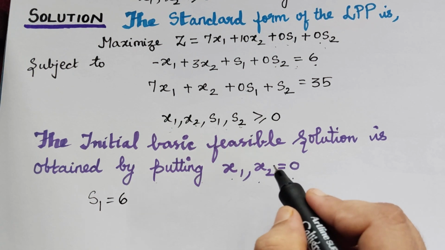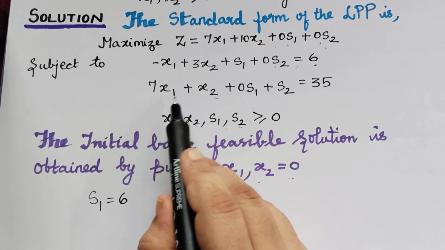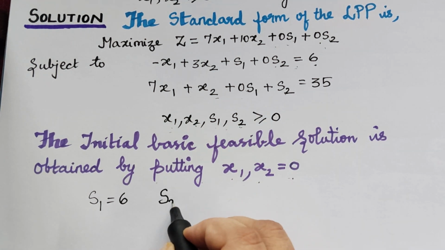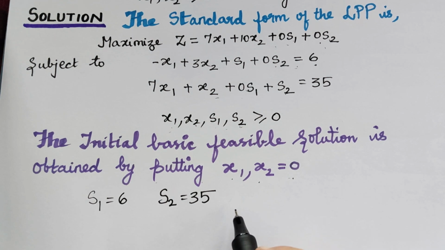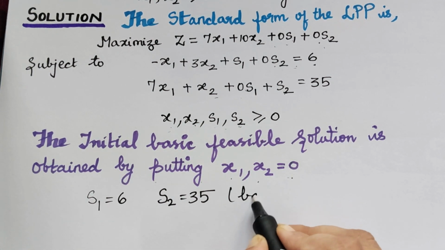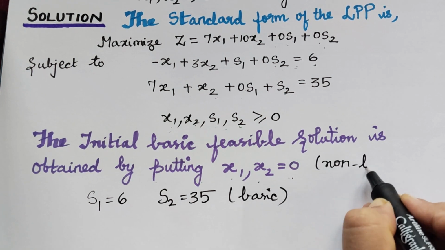And if we put x1 and x2 as 0 in the second constraint, we get s2 equal to 35. So these are the initial basic feasible solution, where s1 and s2 are basic variables and x1 and x2 are non-basic variables.